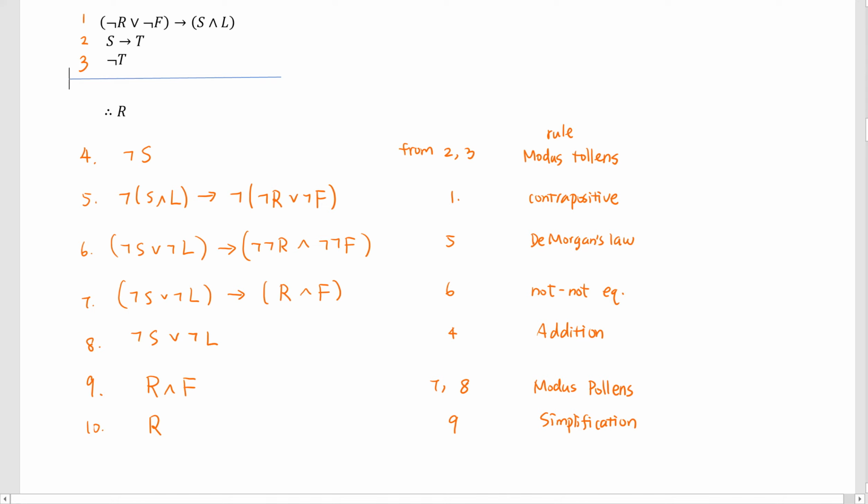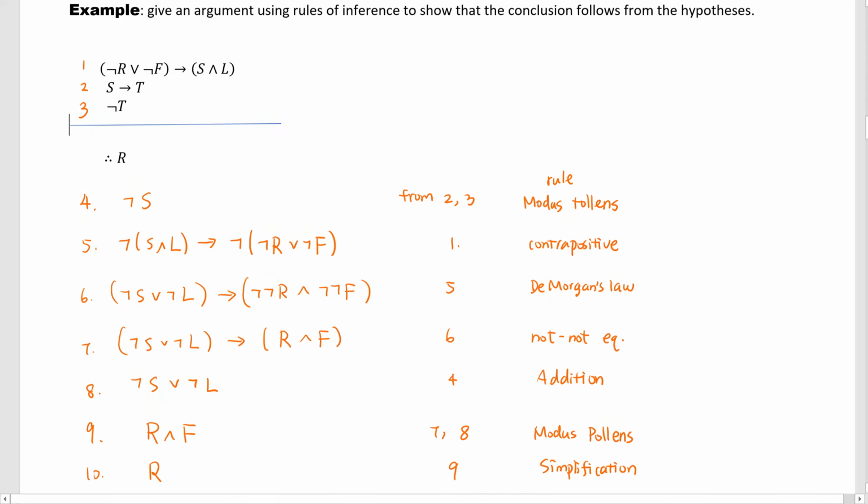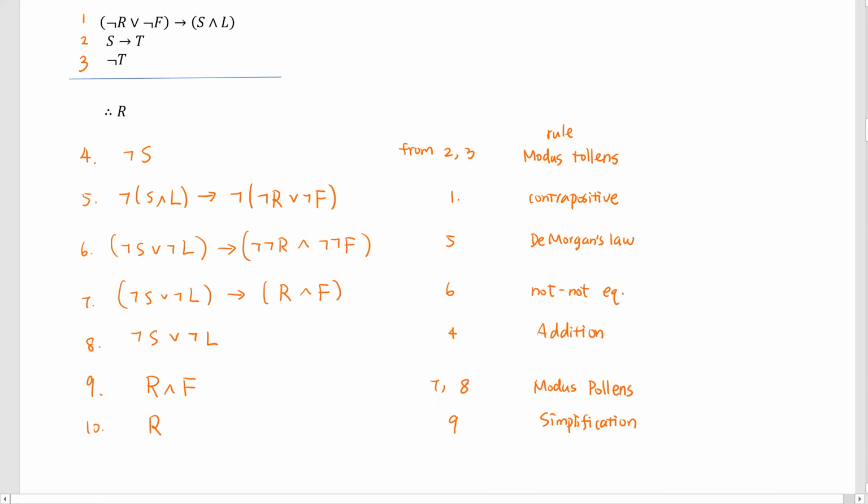Here, this is a longer example. In the previous example, we only had 1 or 2 steps, but here we have a lot of steps. But it's okay. We look at the letters, group the lines with the letters and try to relate them together. And in the longer one, you see we didn't have not S, so how do we create not S?